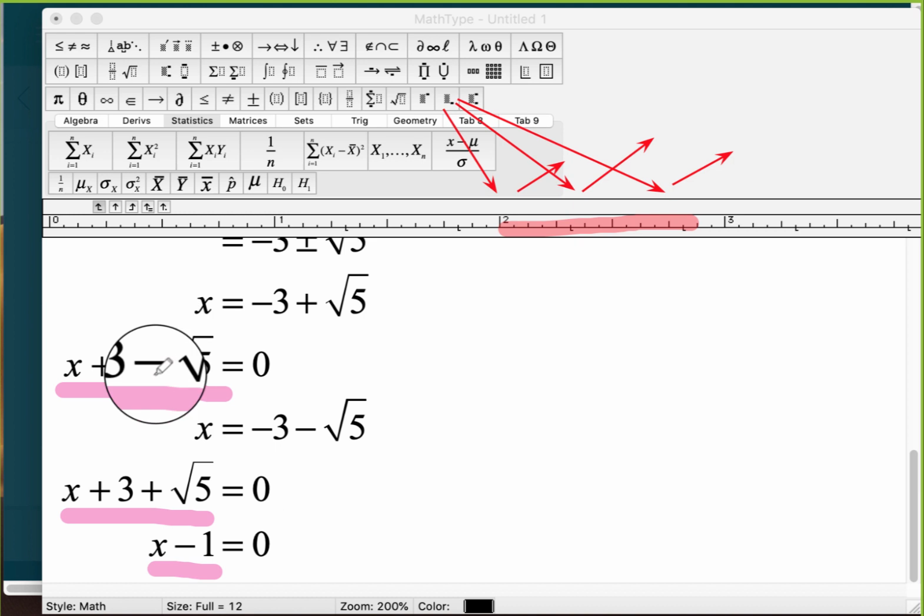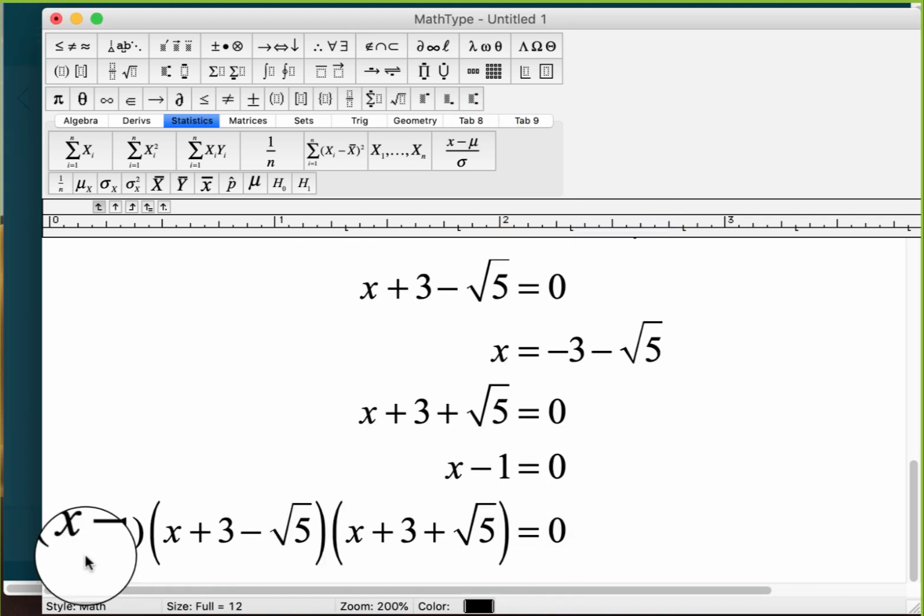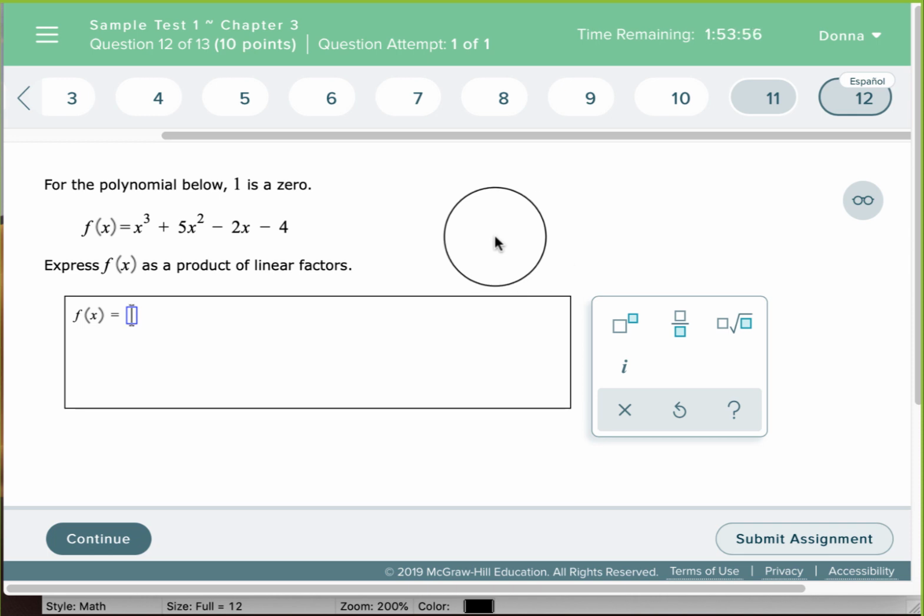So multiplying all those three together will give us a polynomial with roots 1, negative 3 plus root 5, negative 3 minus root 5. So if we were to multiply all three of those together, that would give us the original polynomial x cubed plus 5x squared minus 2x minus 4.